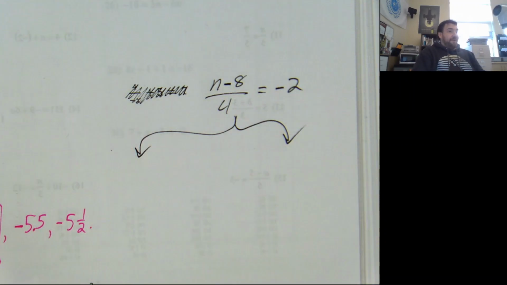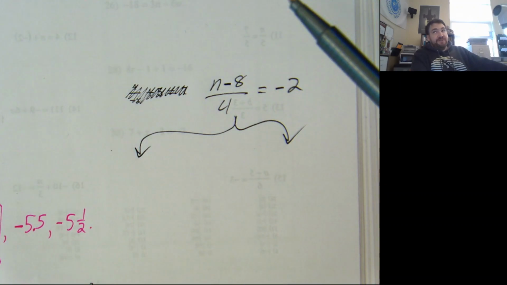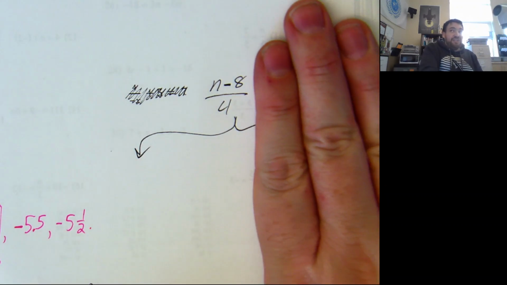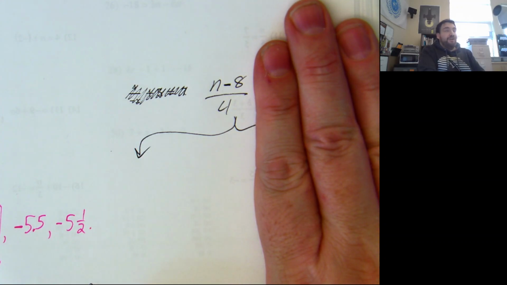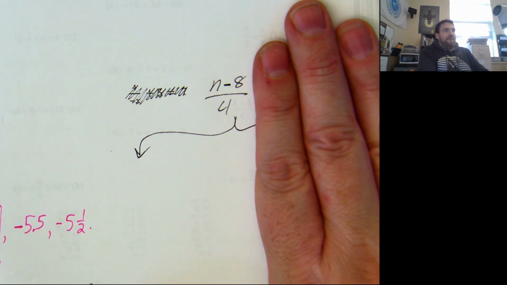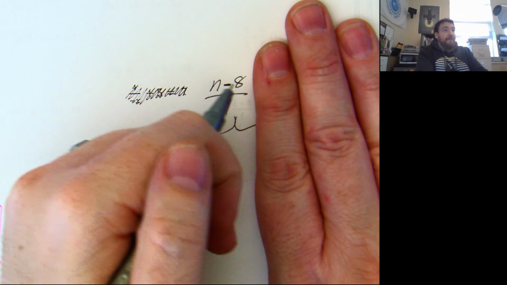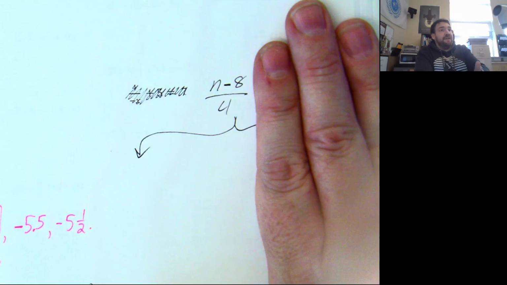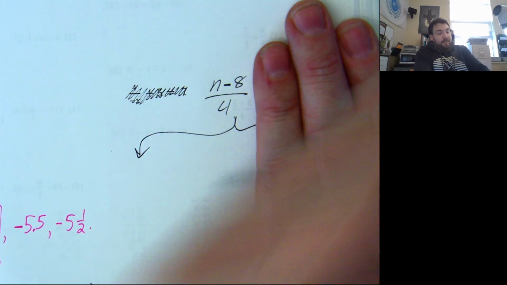In the last chapter on polynomials, when I gave you an expression like this, a binomial or a trinomial over some monomial denominator, what did we do? We would split the numerator up into each piece and divide each term by the denominator.